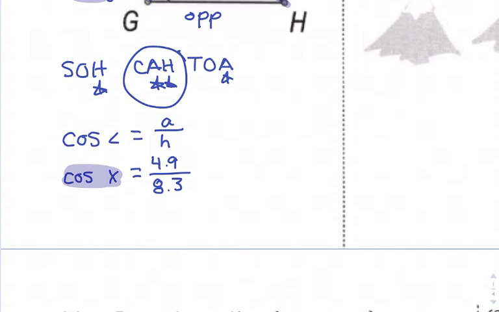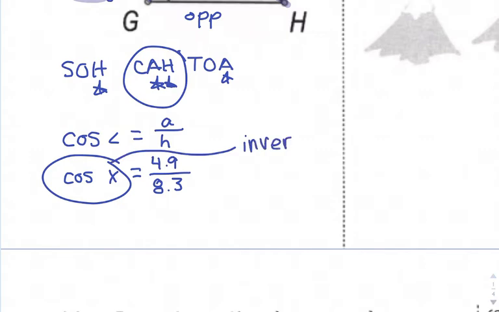So one thing we do to separate them is called the inverse, okay? So when you have this and you're solving for X, we're going to take an inverse. So it's something special you have to remember. What that does is it gets X alone. So it's going to be X equals the inverse of cosine, cosine to the -1 of 4.9 over 8.3.